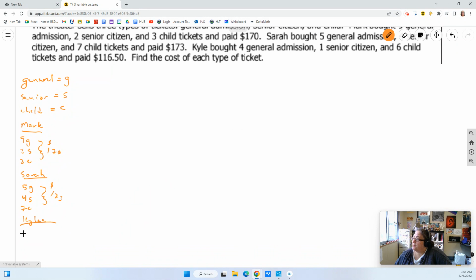Kyle bought 4 G tickets and he bought 1 senior citizen ticket. He doesn't like old people. And 6 children tickets, 6 child. And he spent $116.50, right?